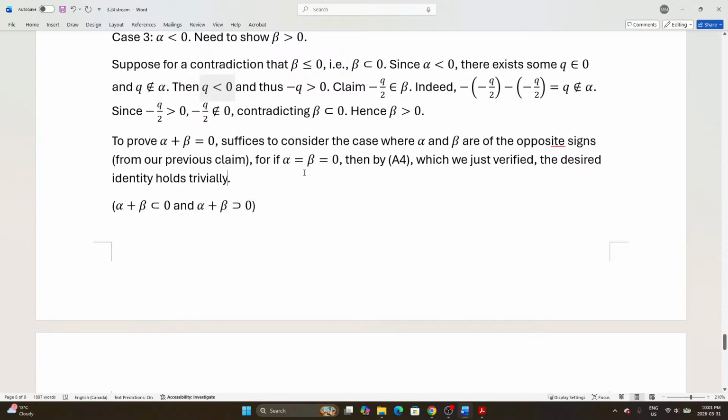And without loss of generality, we can just assume alpha is positive and beta is negative.